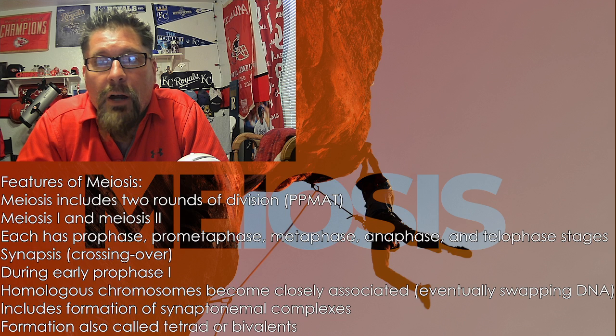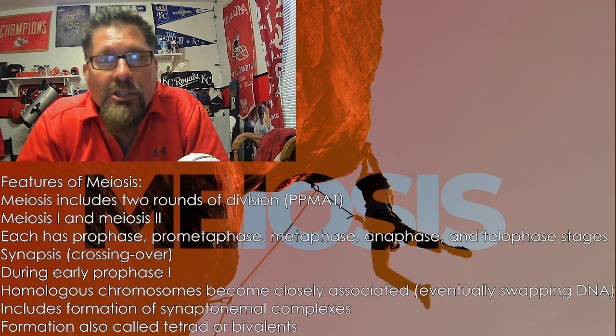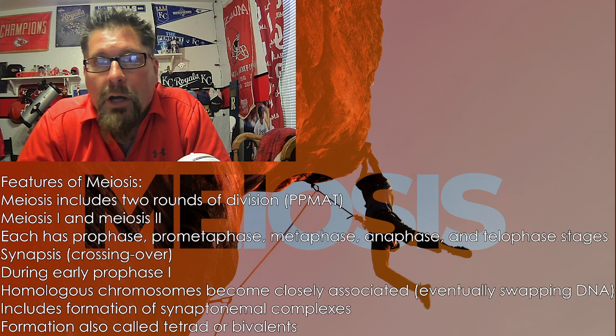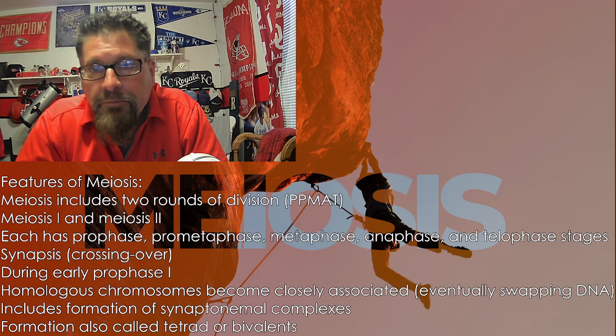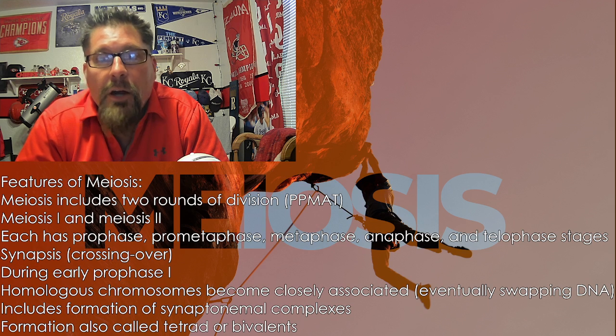It's certainly there, but it doesn't have its own action as far as events that warrant a slide or a particular video portion. But the two rounds, meiosis 1 and meiosis 2, again, all the phases are there.